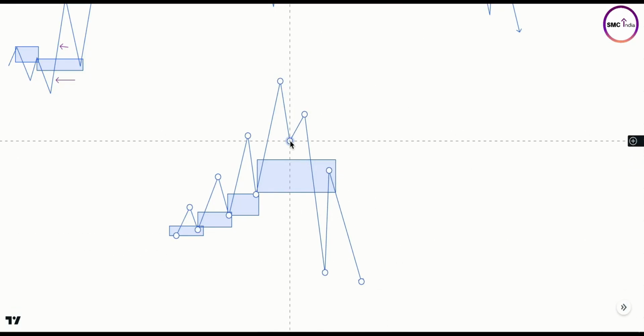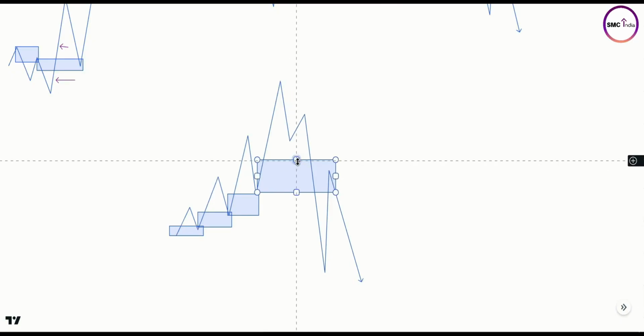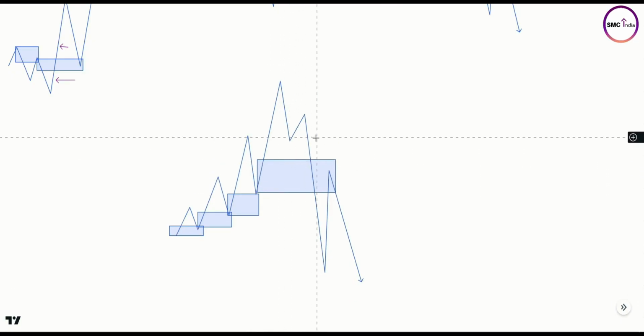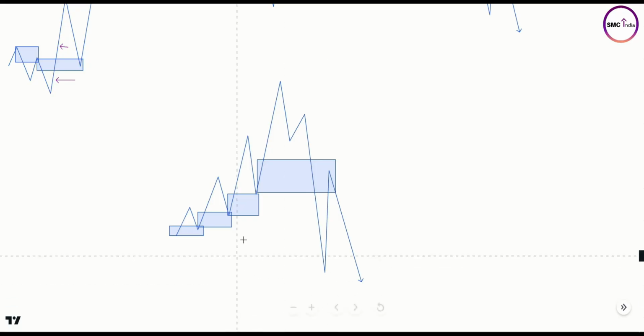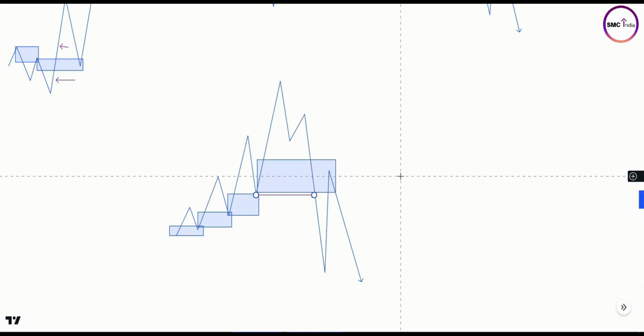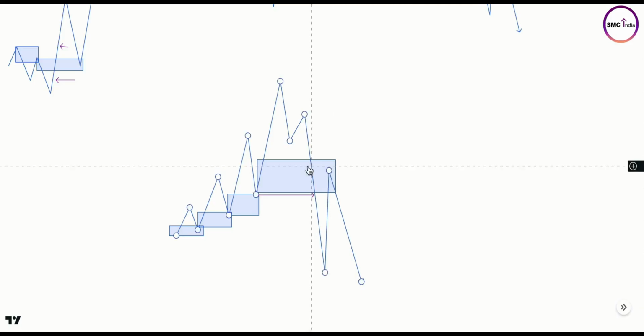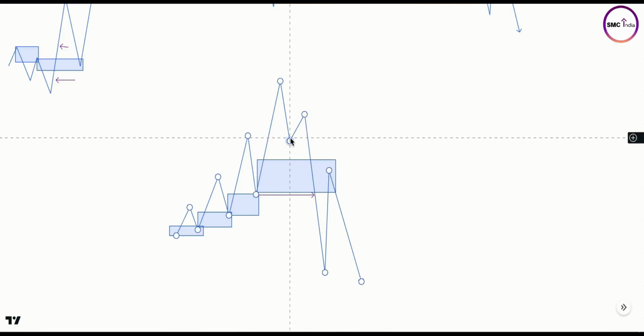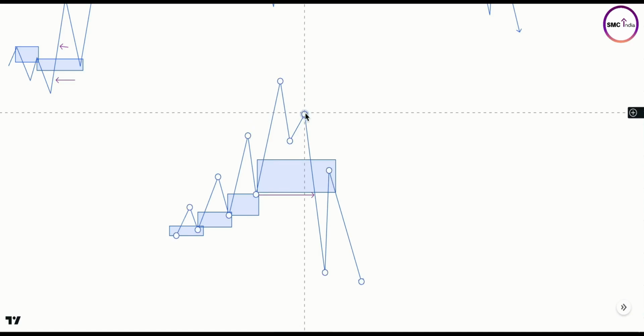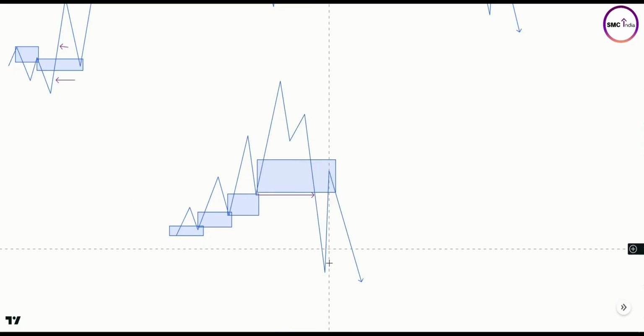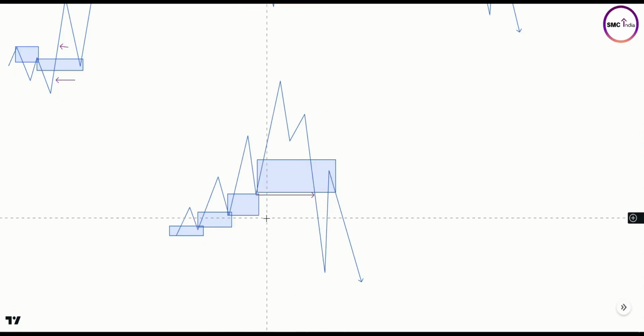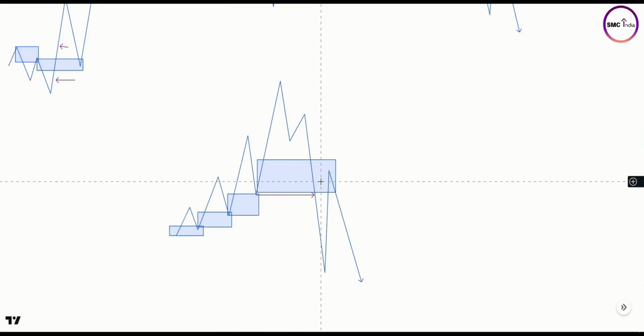The price came back but did not mitigate this order block, and it caused change of character, breaking this structure towards the downside, causing a general bearish structure. So you see that the market creates a proper low and a proper high, but what happens next is that the market shoots down, breaking this structure, simultaneous break of structure to the downside, causing a bearish market.